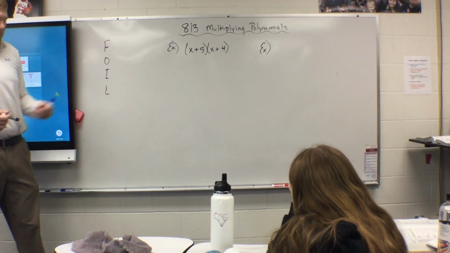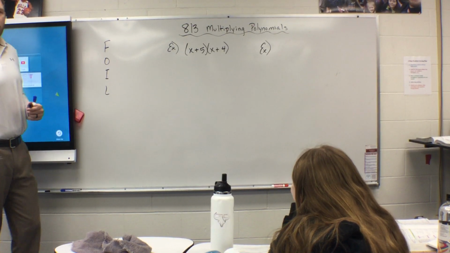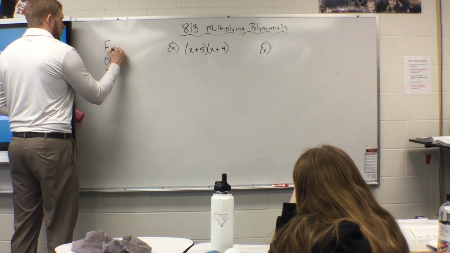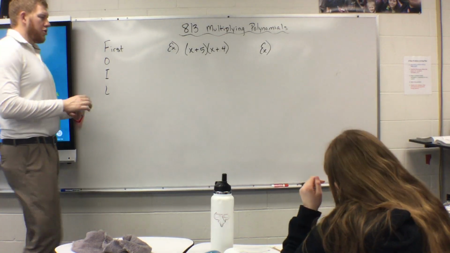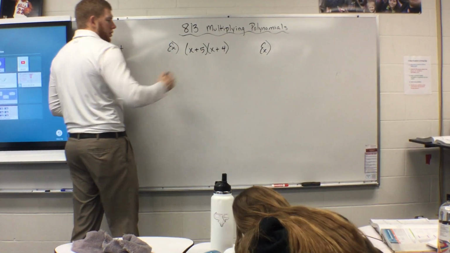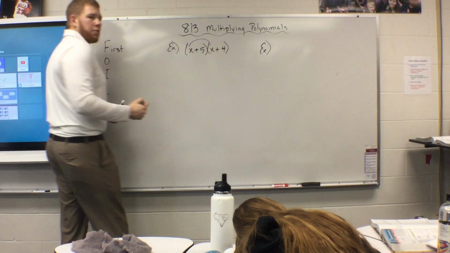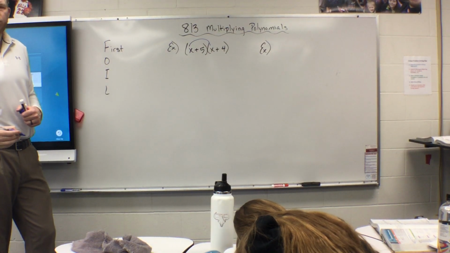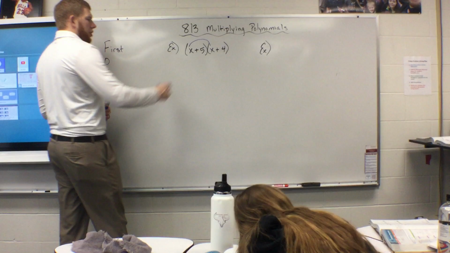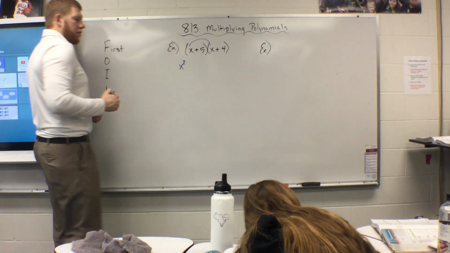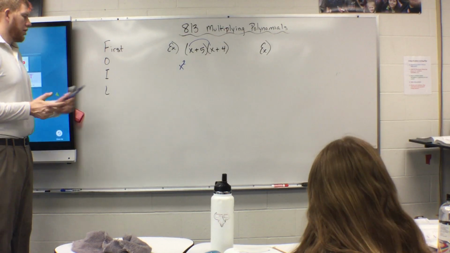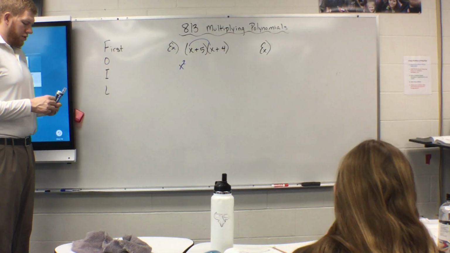F stands for first. So we multiply the first terms in each binomial. So x times x is x squared. O. Any guess what O means?